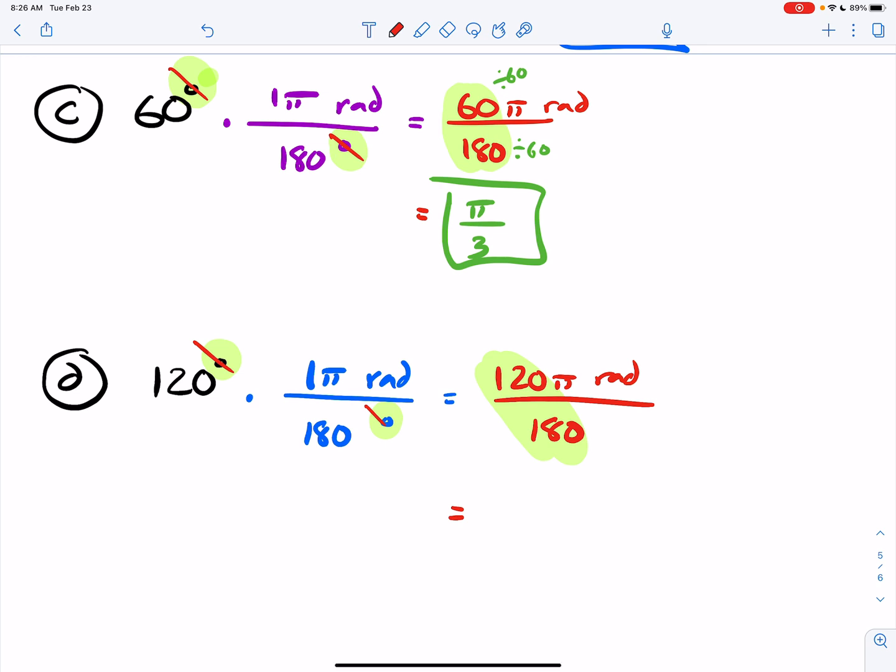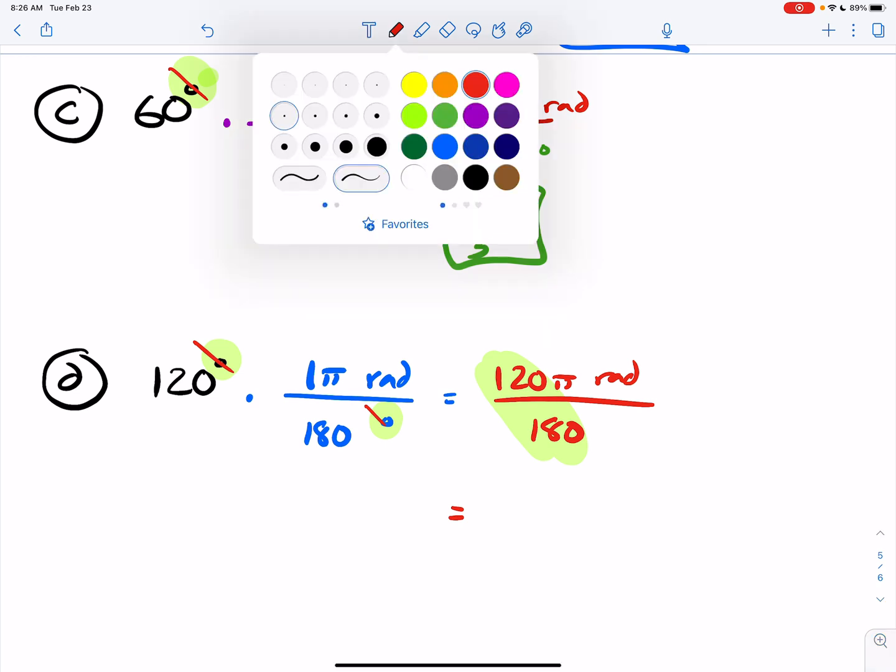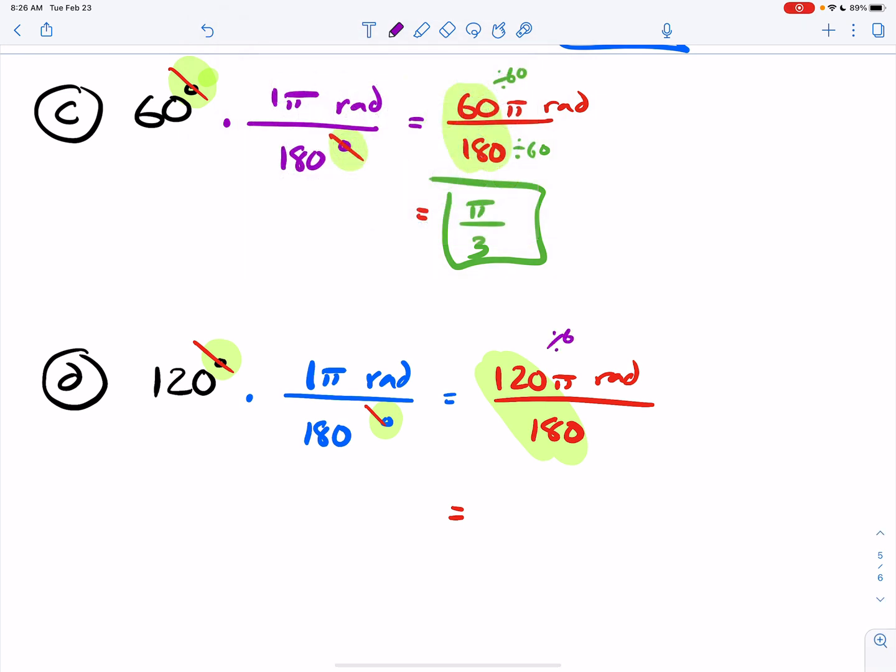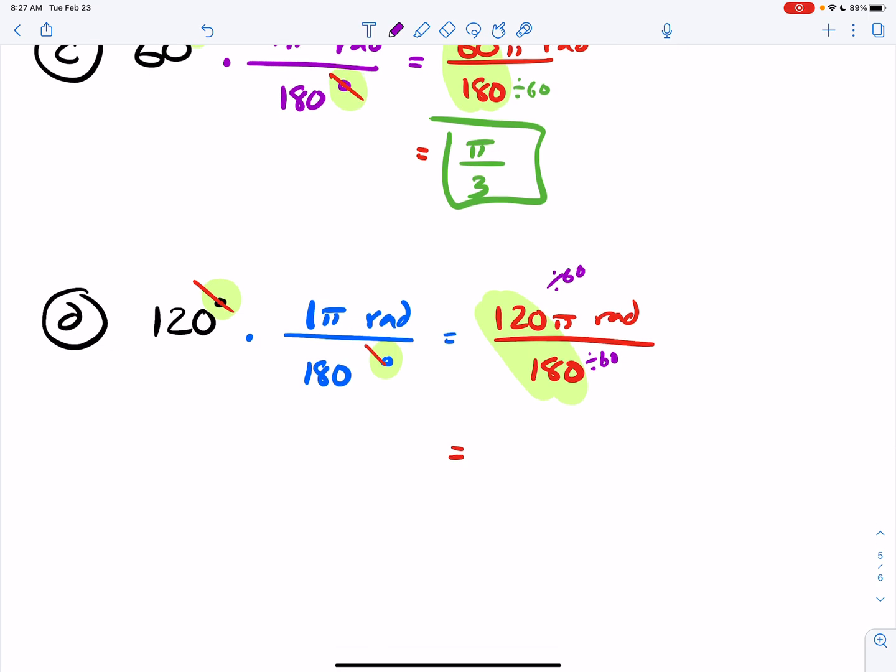I believe the greatest common factor here is 60, but again, don't worry if you didn't come up with 60, as long as you continually reduce when it's possible. Okay? So here, 120 divided by 60 is 2 pi radians, and 180 divided by 60 is 3. Okay? So this is really 2 pi over 3.